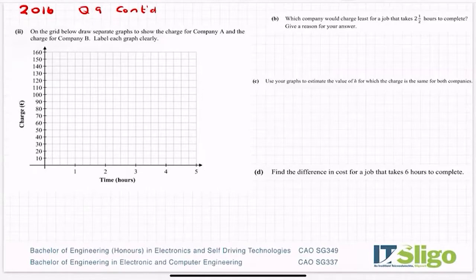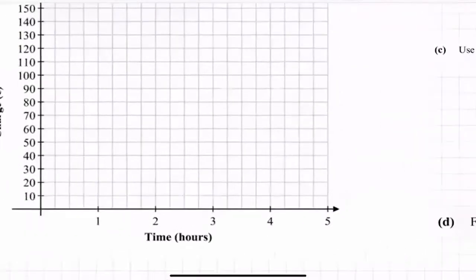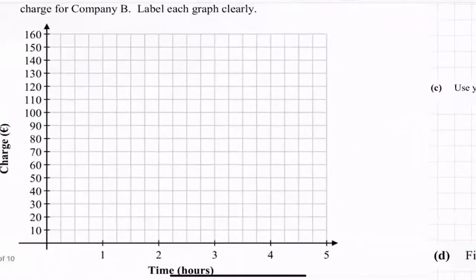So let's do A of h first because it's on our calculator. So my first value is 0, 30, which is here. My next value is 1 and it's 39.50, which is just under the 40, which is here.